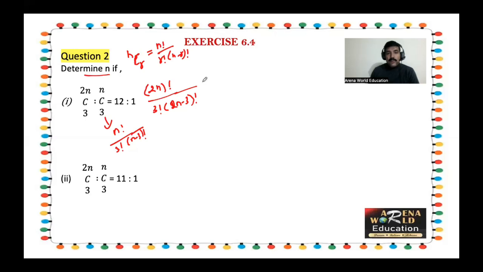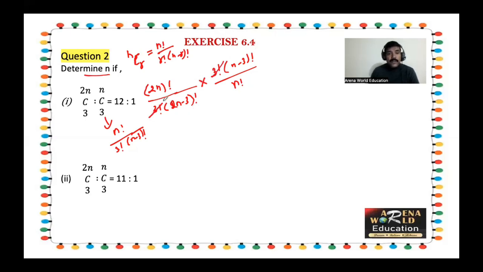If we write it in terms of multiplication, we will take its reciprocal. So that will be this one, right? So here the 3 factorials are gone.